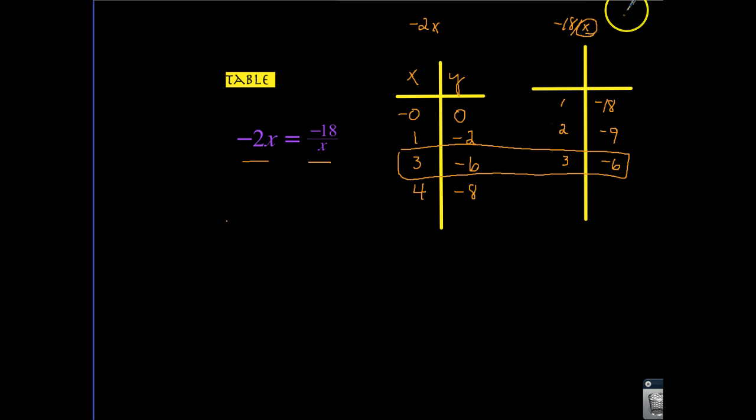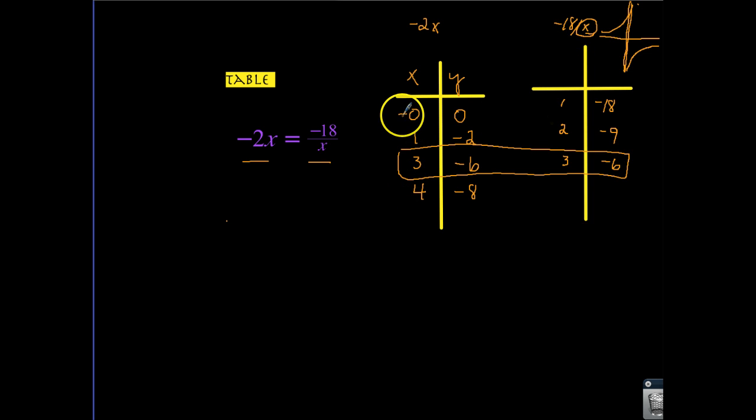If you think about that graph that we had before, right along the y-axis you're going to have a vertical asymptote, because you cannot divide by 0. So let's put in some numbers.